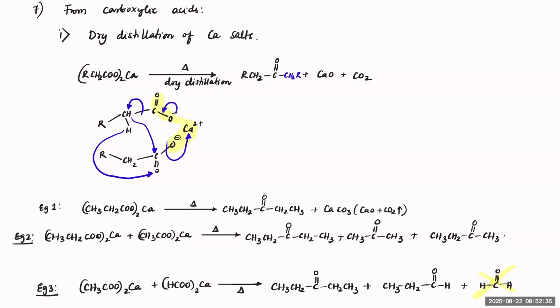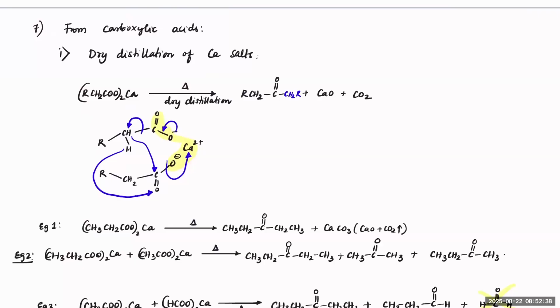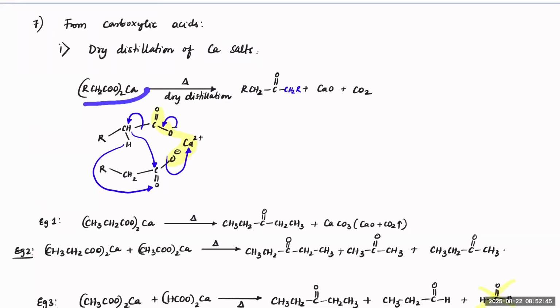Next, if you notice for carboxylic acids, from dry distillation of calcium salts, you can see if you have this calcium salt here, let's say this is an acid with a calcium salt here. On dry distillation, the best way to think is that you try to remove calcium carbonate. You can see this is CaCO3.